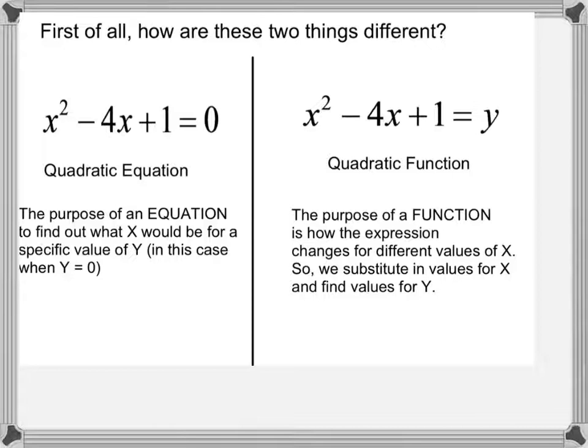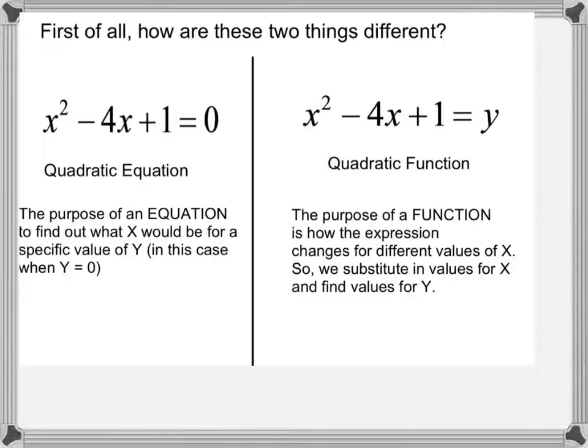The first thing I want to cover is how a quadratic equation is different from a quadratic function. These two things are different because a quadratic equation is just one example of something that we would consider a quadratic function.